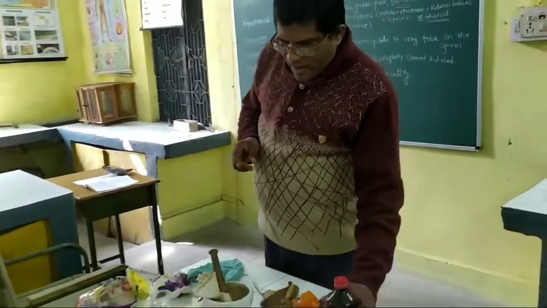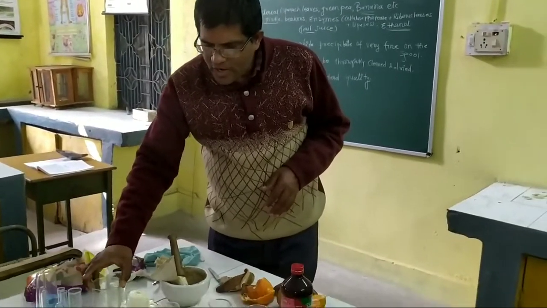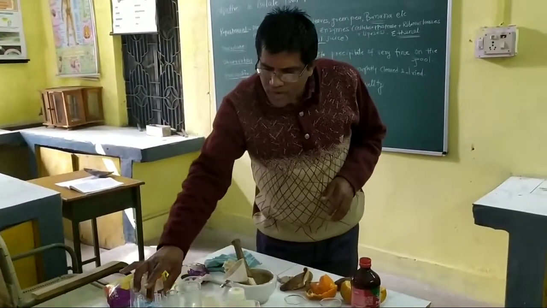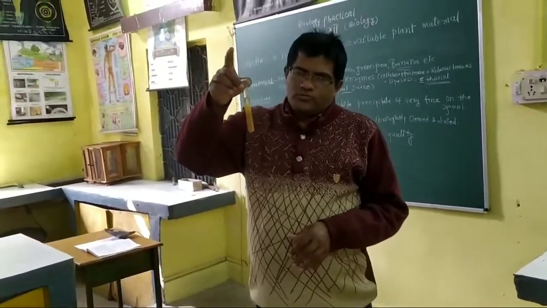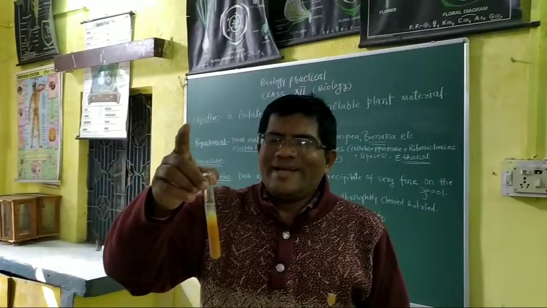Now children, after that what have we done? This banana extraction and the juice we have mixed in the test tube together, and we kept it for 2 to 5 minutes for digestion.